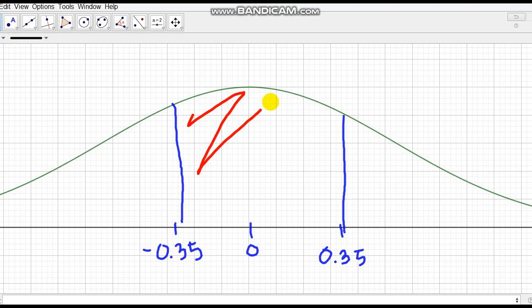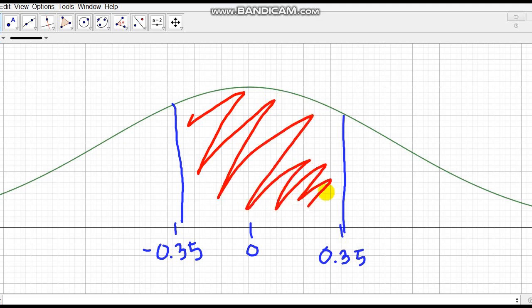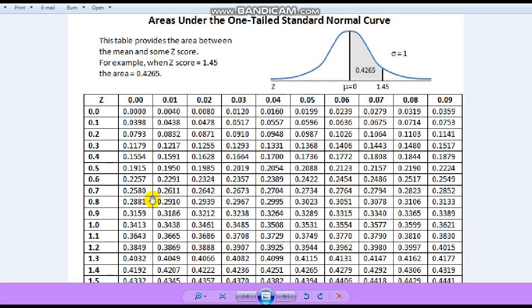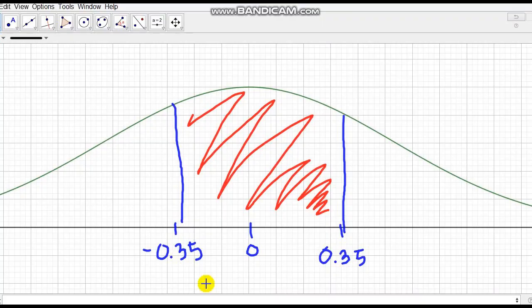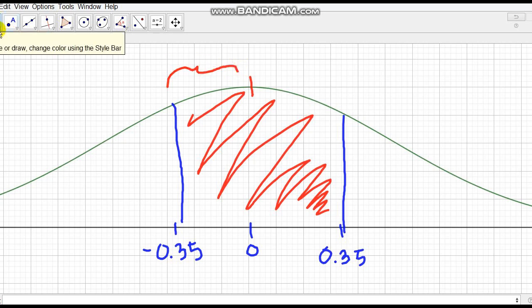Let's start first by solving the negative 0.35 and the 0.35, then add them up. Using our normal table, since we're using 0.35, we're going to add the same number twice. So 0.35 right here is 0.1368.